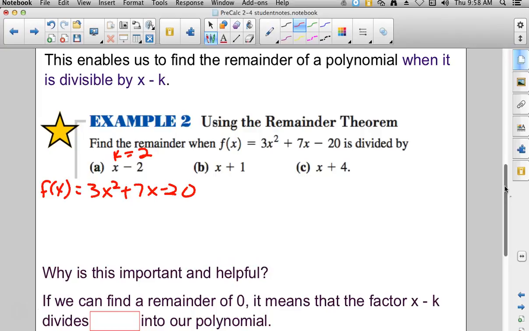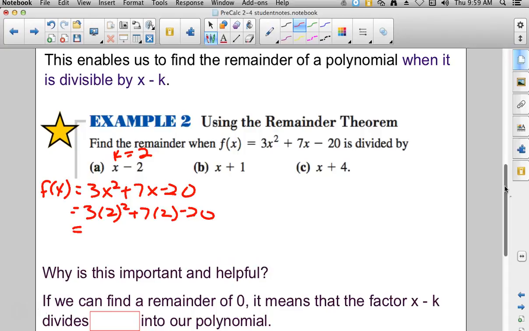That's what the remainder theorem says. It says, hey, if you know this is going to be your divisor, then go ahead and plug the 2 in, but it only works for linear. That's what's important here. This is x to the first. Works for linear. So if we put a 2 in for all of our x's, that will get us our remainder.